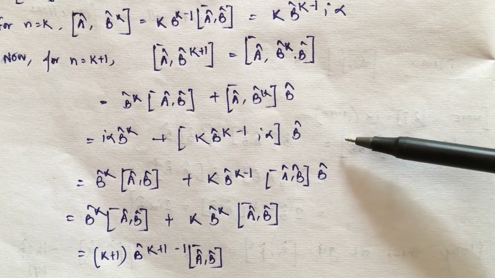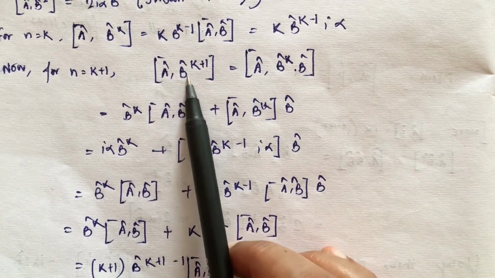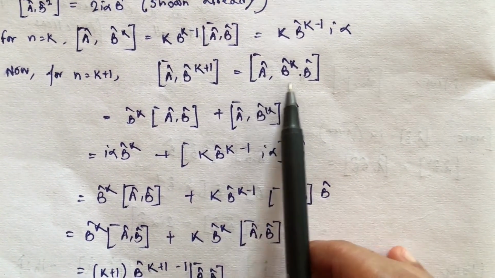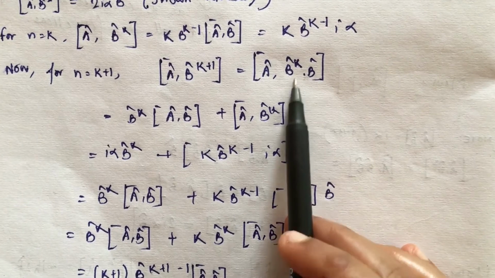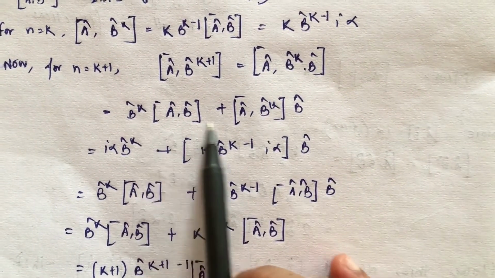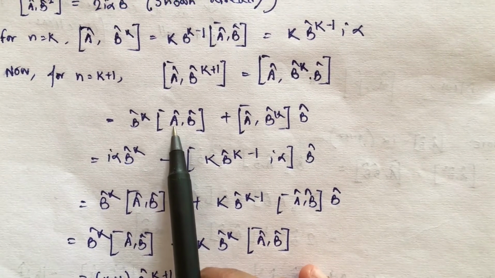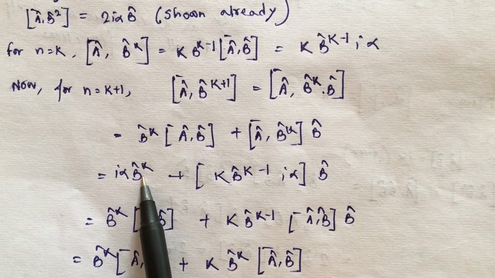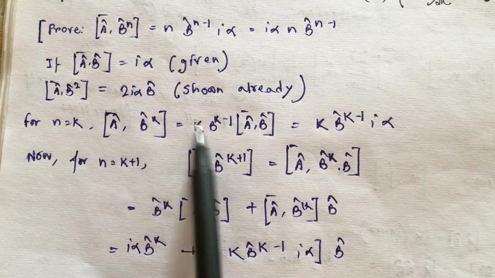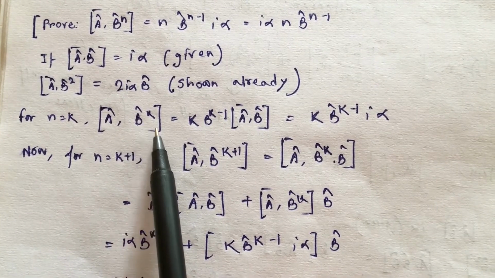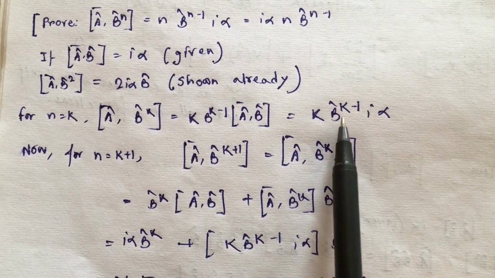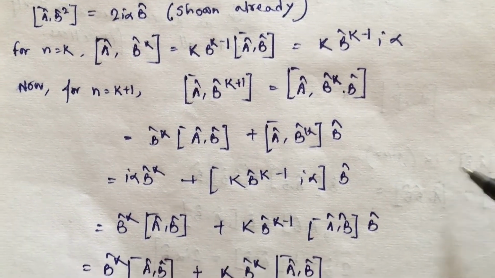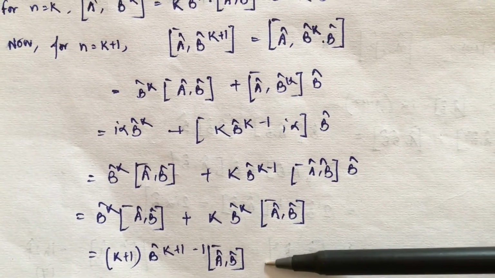This is a very simple thing, because A with B to the power k plus 1, I'm sorry, is equal to the commutator of A with B to the k, times B. And now from this I can write, using the commutator of AB equal to i alpha, I can write i alpha B to the k, and using this one, A with B to the power k is equal to k B to the power k minus 1 i alpha, which is equal to this one. So here I have obtained this relation.